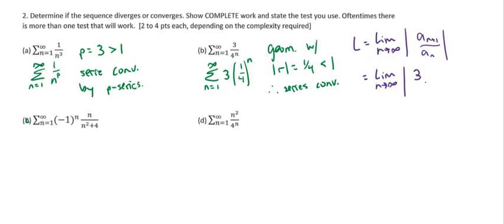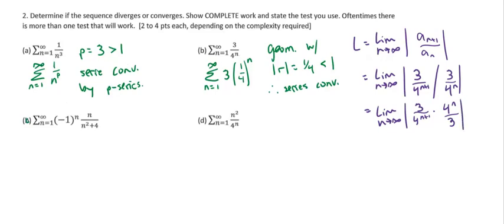I write 3 over 4 to the n plus 1 divided by 3 over 4 to the n, and then I'm going to copy, dot, flip. So what does that give me? The limit as n goes to infinity, absolute value, of 3 over 4 to the n plus 1, times the flipped fraction, 4 to the n over 3.